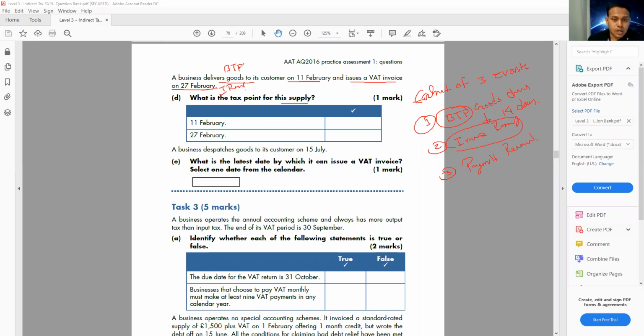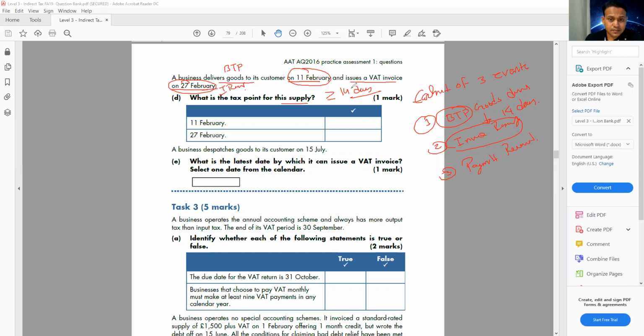Now here we can see the basic tax point, that is goods delivered on 11 February, and from 11th of February to 27th of February, that is more than 14 days. So if this is more than 14 days, we do not consider that.